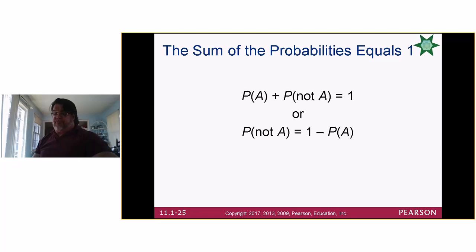I want to show you the different ways because I know there's a test question. I can't remember if it's on this test or 120 or 103. Complement can be written 4 different ways. 1 minus the probability of the event. That's one way. Or it could be written probability of an event with a line over it.